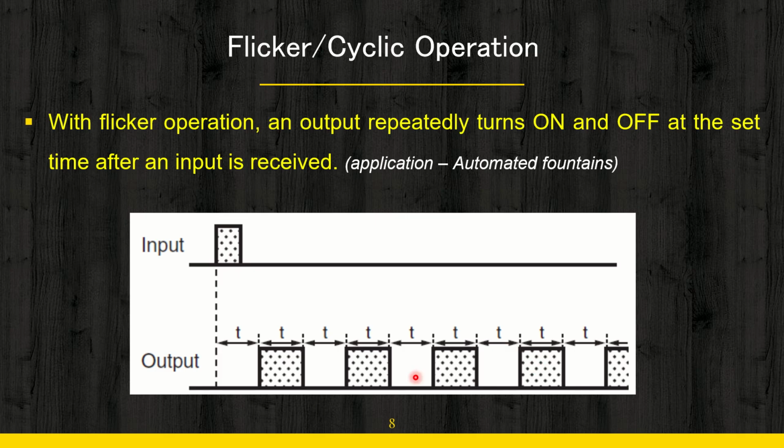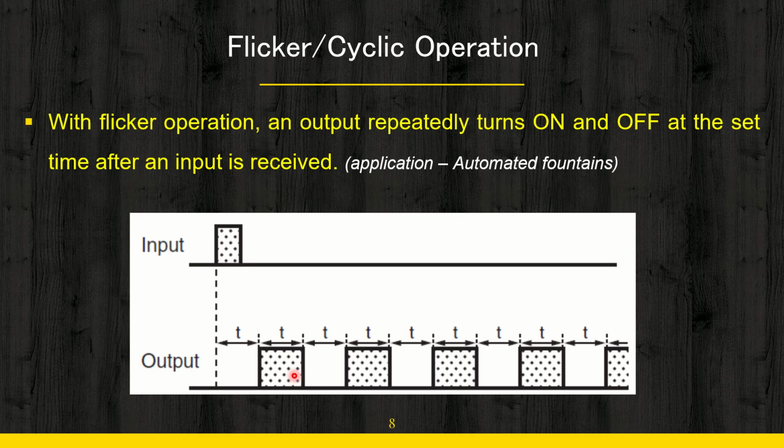Now you can see that this on period and off period can be programmed. It is not always that your on interval and off interval should be the same. In this particular figure they are the same, no doubt, but with modern timers it is always possible that you can program the on duration as well as the off duration.